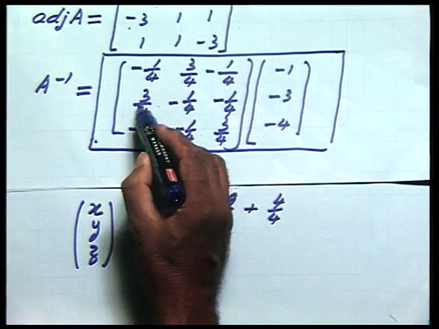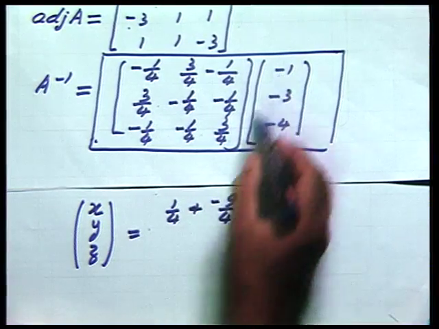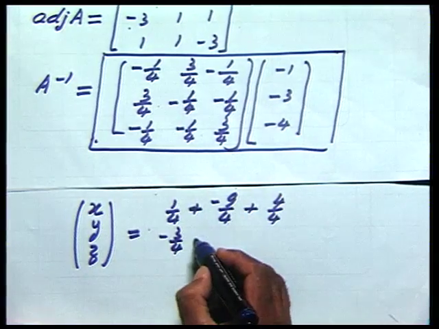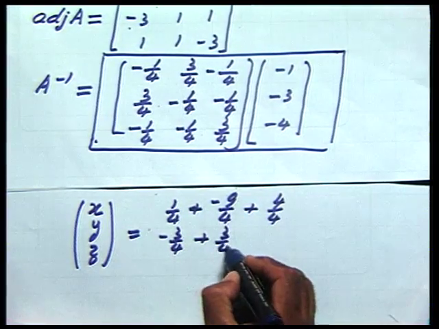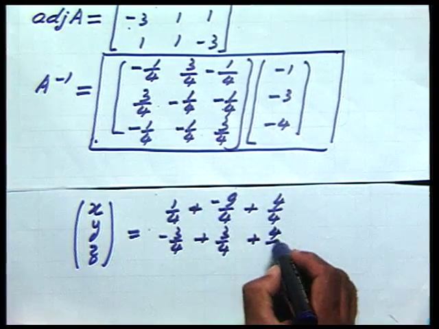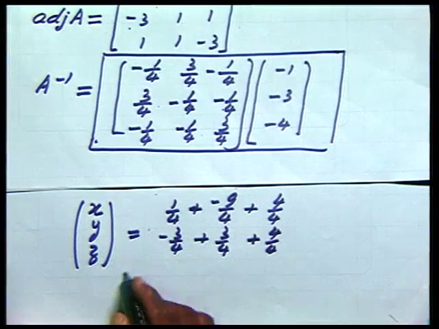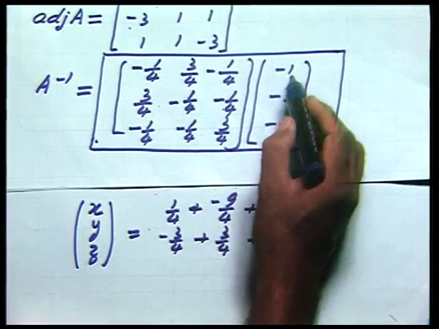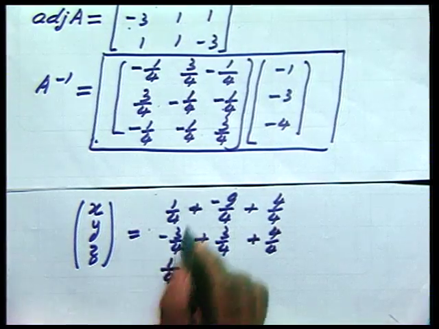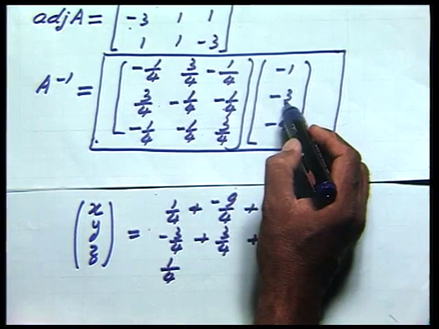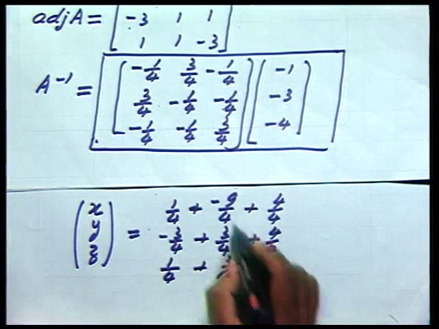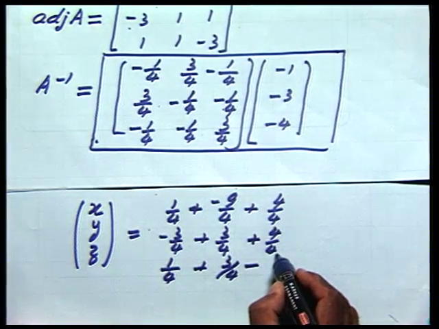Then the second one, this multiplied with this, minus 3 by 4, minus 4, this is plus 3 by 4, minus 4 into this plus 4 by 4. This is the third one multiplied with this, gives me 1 by 4 and then plus 3 by 4, 3 by 4 which comes out to be minus 3 by 4.